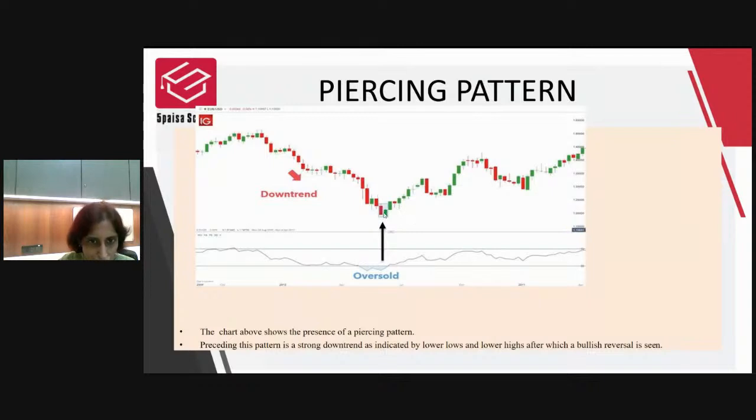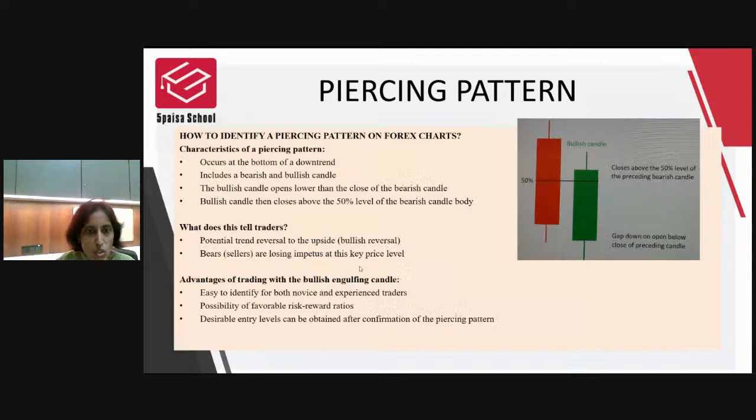So this is a piercing pattern. As you can see, there is a bearish sentiment followed by a bullish sentiment, and the closing price of the real body of the bullish candle is at 50%. As I said, it should close above the 50% level of the bearish candle.